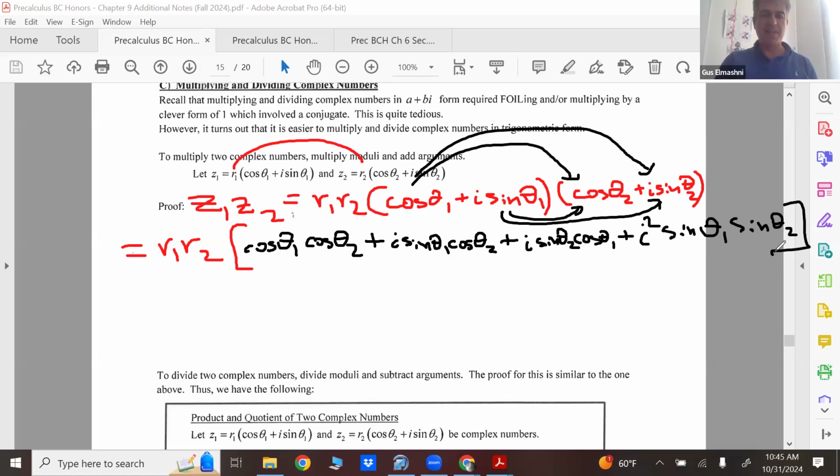Okay. Whew. It's a lot going on there. Now, what if I do a little rearrangement?